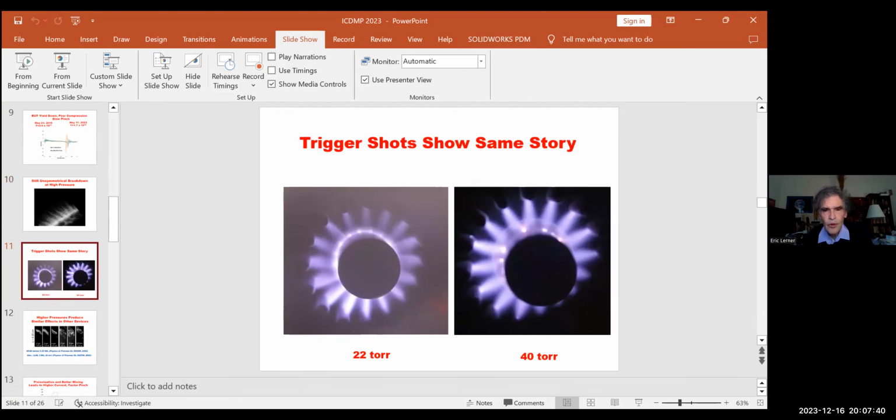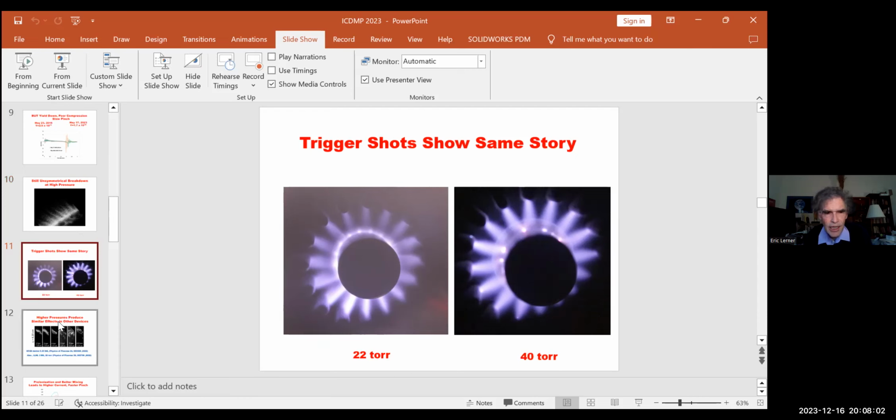So when we tested with trigger shots, just using the trigger as the source so that we could observe from the bottom safely, we saw the same irregular breakdown. This is the breakdown at 22 torr, fairly regular, and at 40 torr, it's quite irregular.